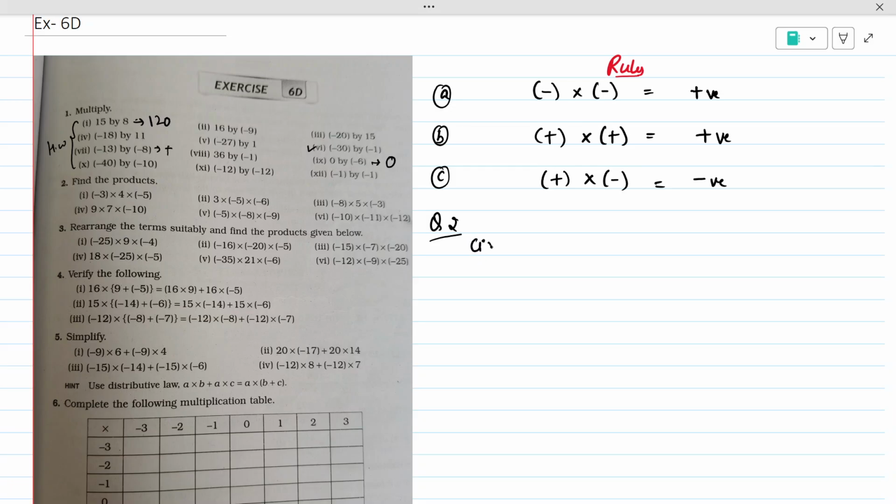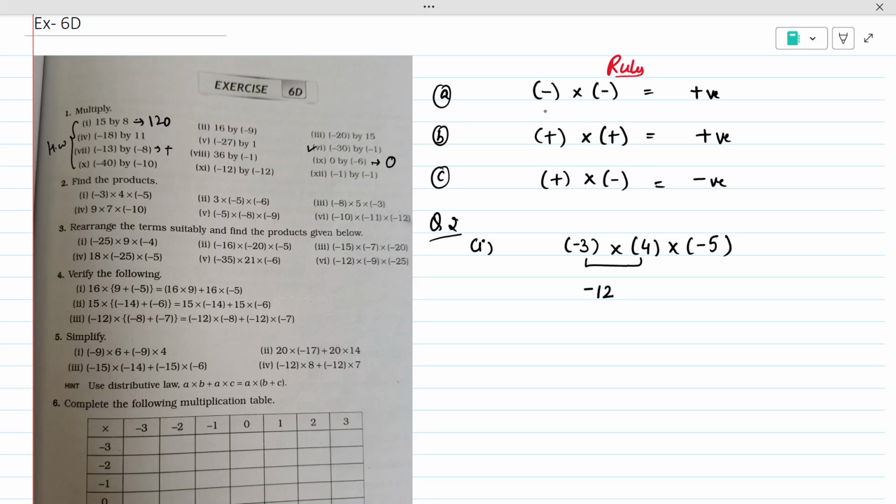So let's go to the first part. We have minus 3 multiplied by 4 multiplied with minus 5. Okay, so we know minus into plus, because in 4 we do not have any sign given to us. That means it's a positive number. 4 into 3 is 12. I'm writing 12 with a negative sign.